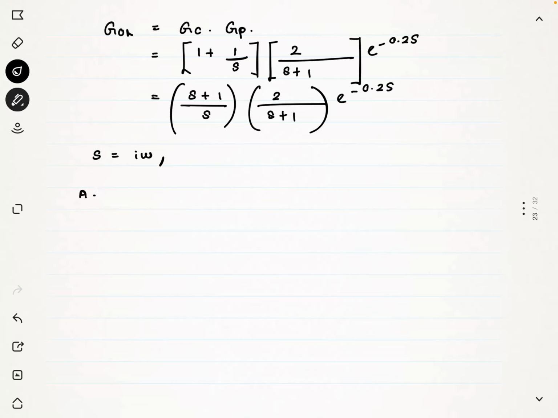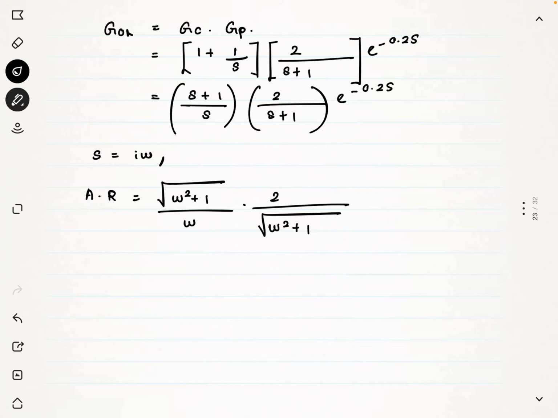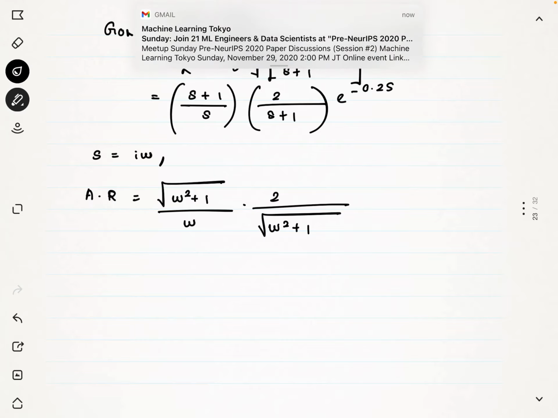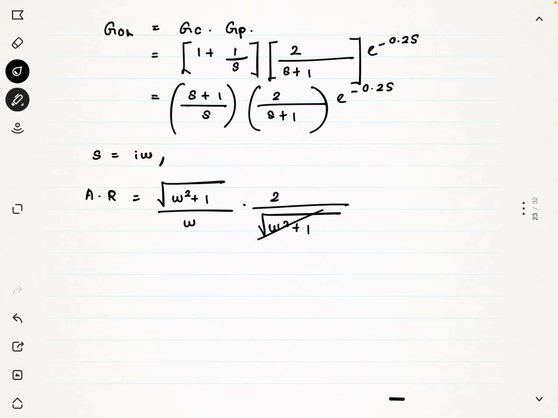So first the amplitude. So the amplitude ratio is root of omega square plus 1 by omega into 2 by root of omega square plus 1. And then we can cancel, so 2 by omega. So this is our amplitude ratio.